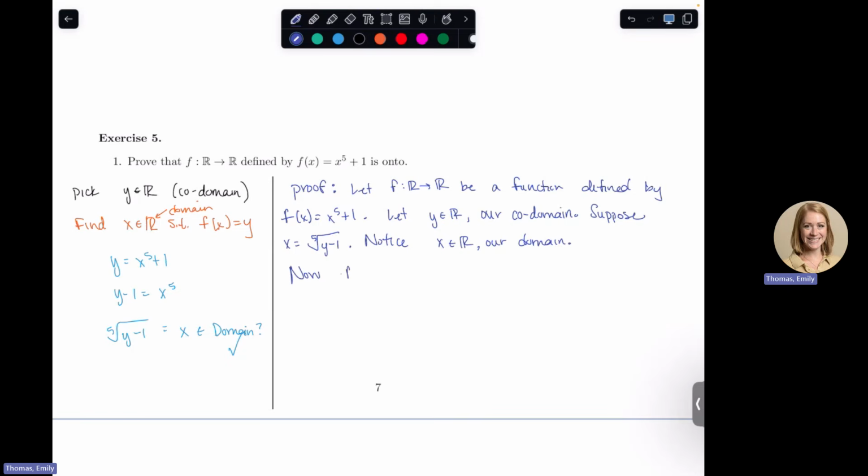Now, f of x is f of the fifth root of y minus 1, which is equal to the fifth root of y minus 1 to the fifth plus 1.